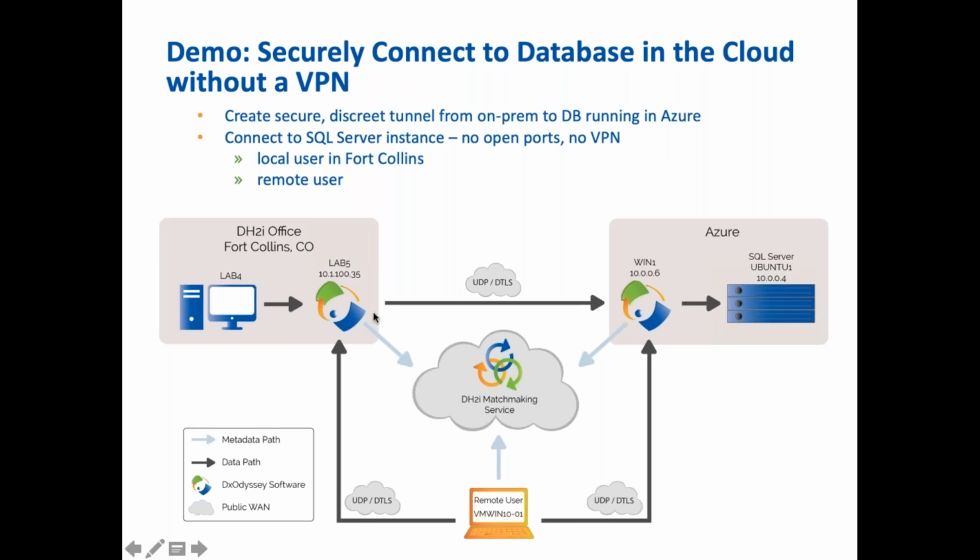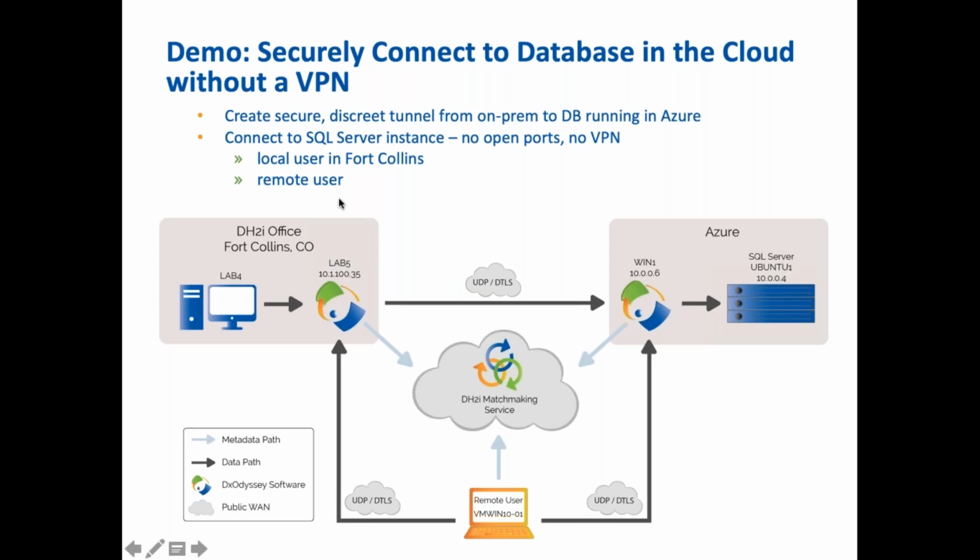So we've already created that group, but I'll give you a quick tour of those two. And then we're going to create a tunnel from on-premises to a database running in Azure that's in the same network as this Win1 gateway. Okay, so we're going to create that tunnel, and then connect to that database instance and show those two different use cases.